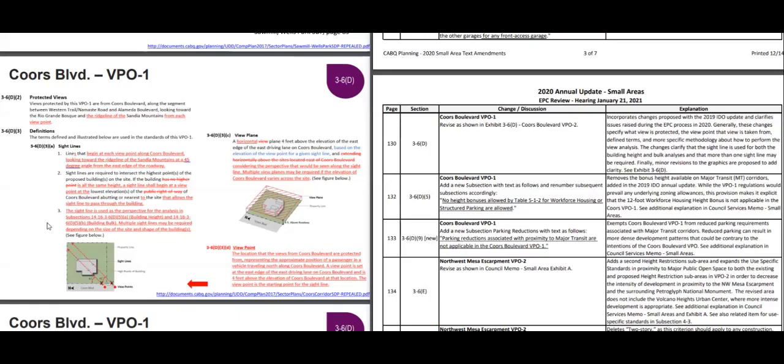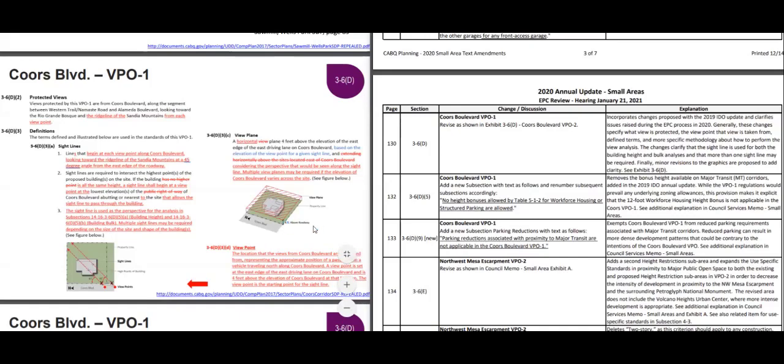The next defined term that has an amendment is for the view plane, and this diagram tracks with that definition. A view plane is a horizontal plane 4 feet above the elevation of the east edge of the east driving lane on Coors Boulevard, based on the elevation of the viewpoint for a given sightline, and considering the perspective that would be seen along the sightline, which is that 45-degree angle perspective across the site.